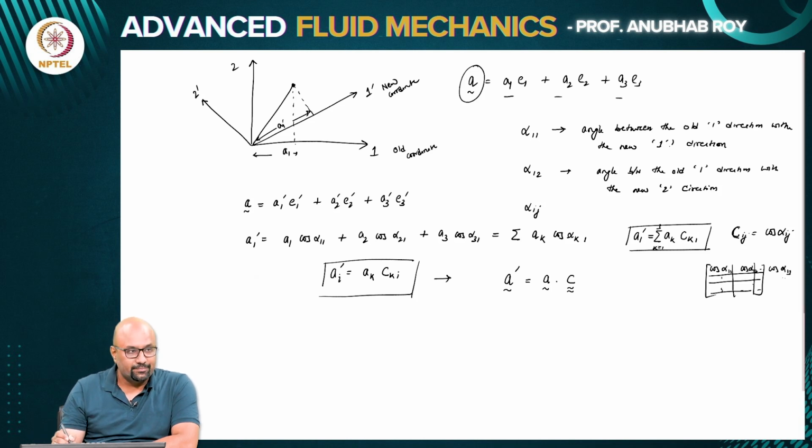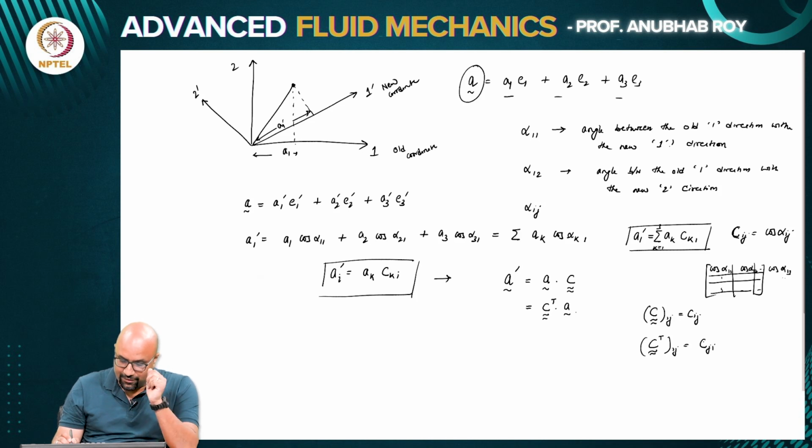I have written it with these double squiggly signs to indicate that you have 2 indices to describe this quantity. The other way to write this would be C transpose dotted with A, because the ijth component of C is Cij, but the ijth component of C transpose would be Cji.